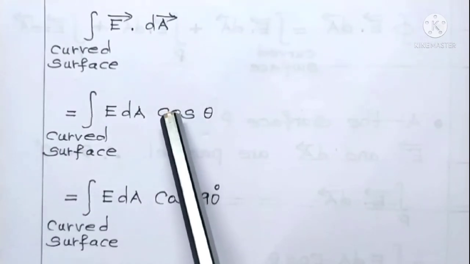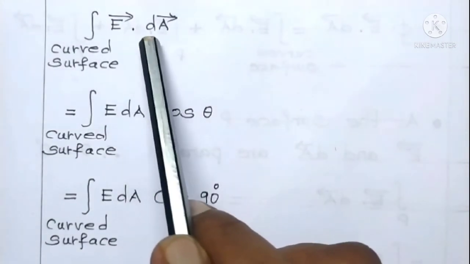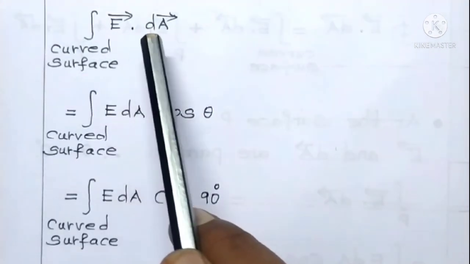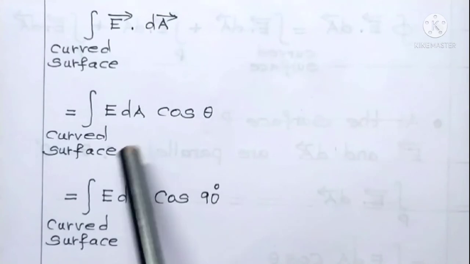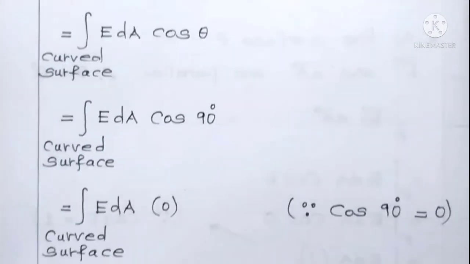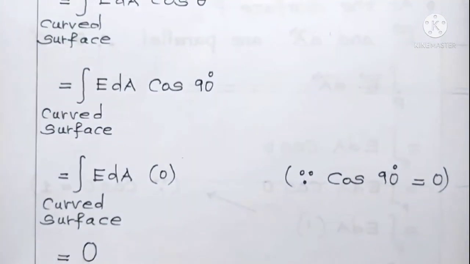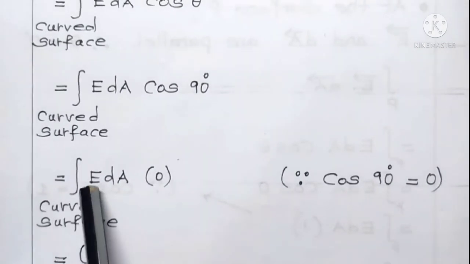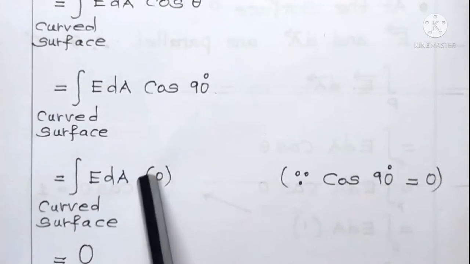Hope you would have understood this concept. A vector dot B vector is equal to AB cos theta. Similarly, E vector dot dA vector is equal to E dA cos theta at the curved surface. In the next step, which is equal to the integration of E dA cos 90 degree at the curved surface. So what's the value of cos 90? Which is 0. So in the place of cos 90 I have written 0.